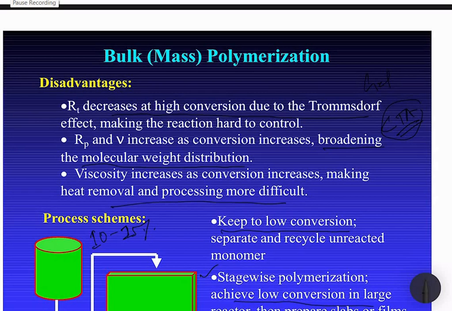Now, in order to prohibit the reaction from entering the runaway mode, as the system cannot do that intrinsically, we need to add some agent extrinsically so that we can resist the system from moving into that runaway mode, and for that a chain transfer agent, or CTA, is added.